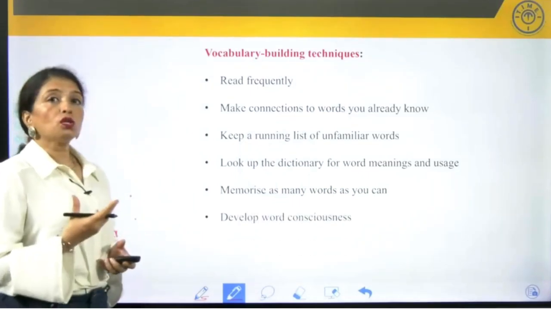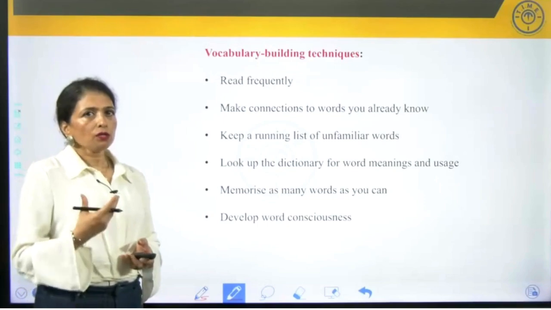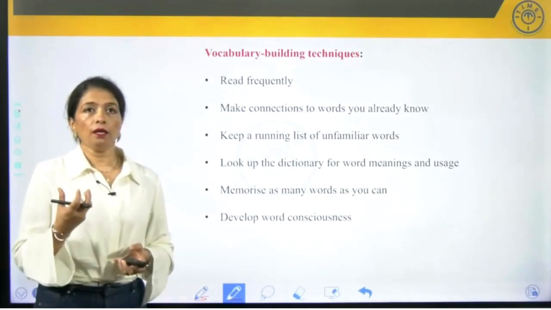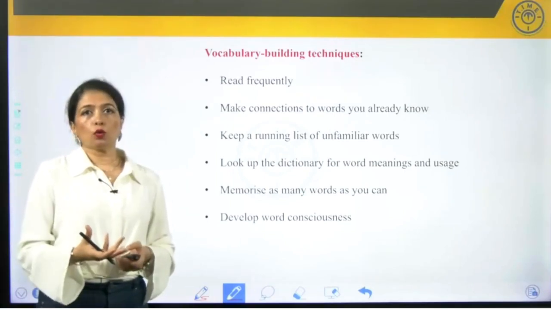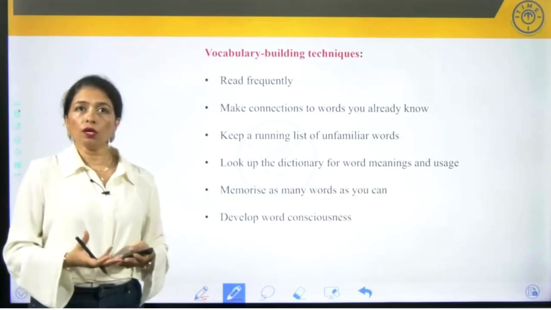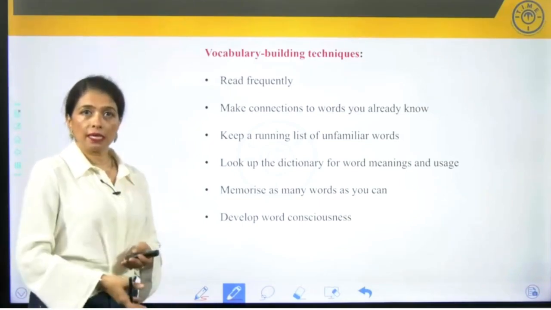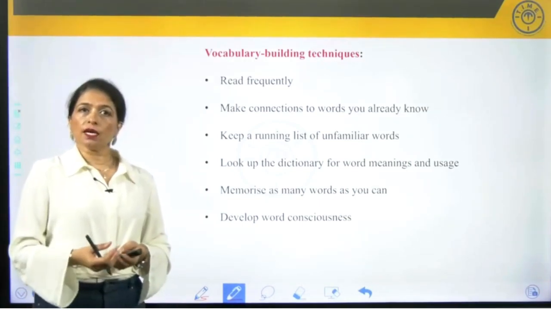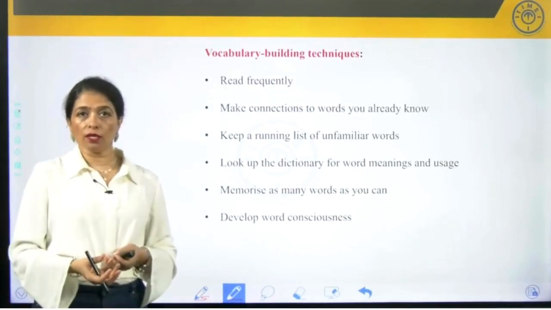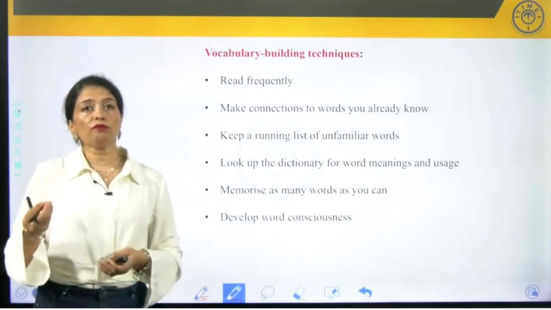Develop word consciousness. So what is that? How do you develop word consciousness? You are aware of a word, okay, and you want to know what it connotes. So does it mean something which is positive or does it connote something which is negative? You also need to understand whether a word that you have come across and you have learned is mild or very strong.